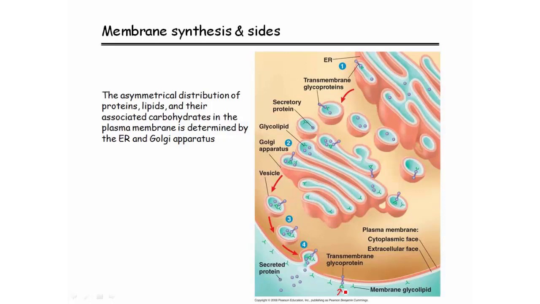The cell knows essentially that the inside of the ER, Golgi, or vacuoles and vesicles will end up outside the cell.